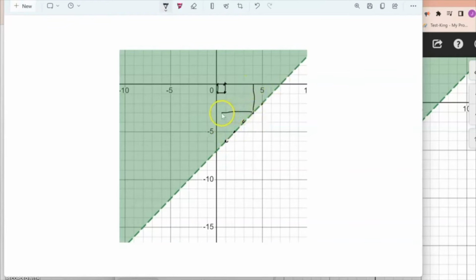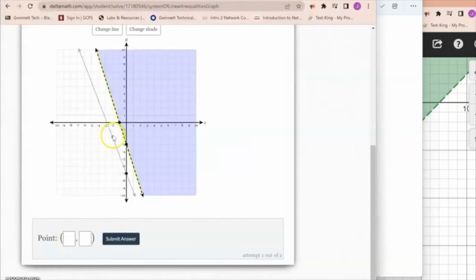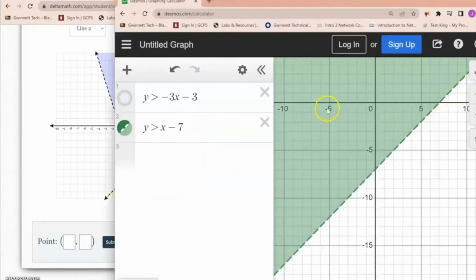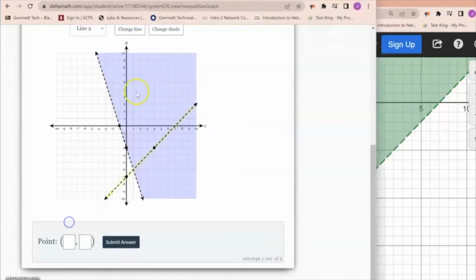This one is 4 and -1, 2, 3, so 4, -3. All right, and again, make sure your line looks the same. I can see mine is dotted, so that needs to be dotted. And my shade is on the left, or on the top, however you want to say that, so change your shade to the top.